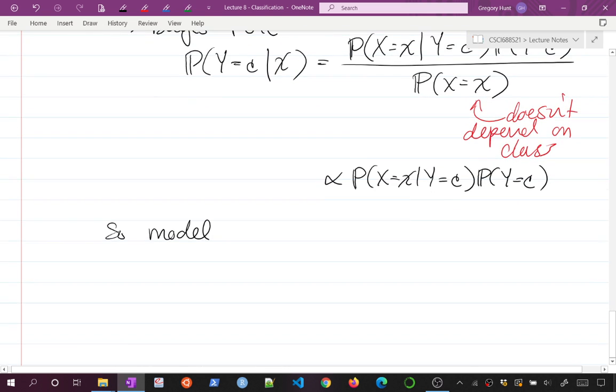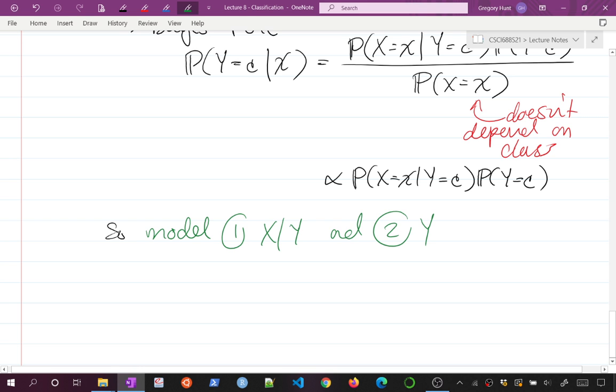Here, I've now converted it into a problem involving x given y and y. So I'm going to model one, the conditional of x given y, and two, the marginal of y.